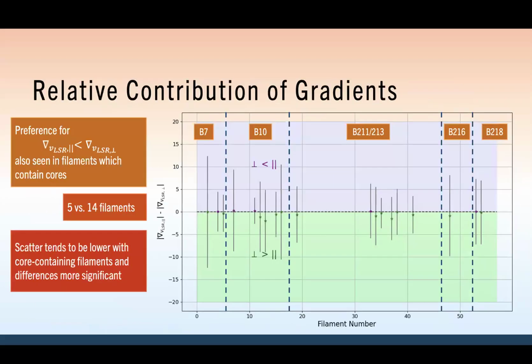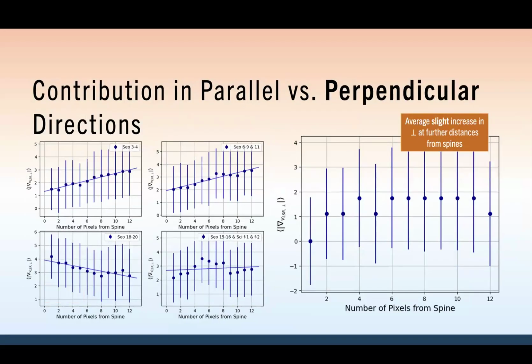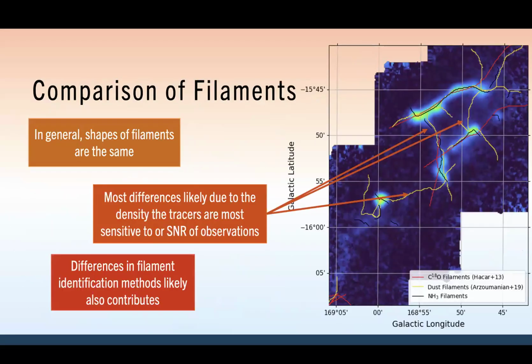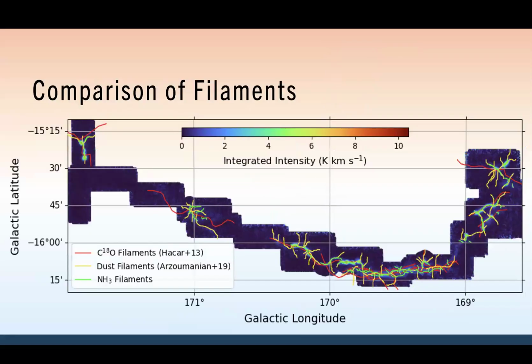So I'll go back to that plot that was comparing the filaments. Each one of these, the CO, the dust, and the ammonia, were all part of three very different surveys with different instruments. The dust was part of Herschel, done in the infrared with the Herschel Gould Belt survey.